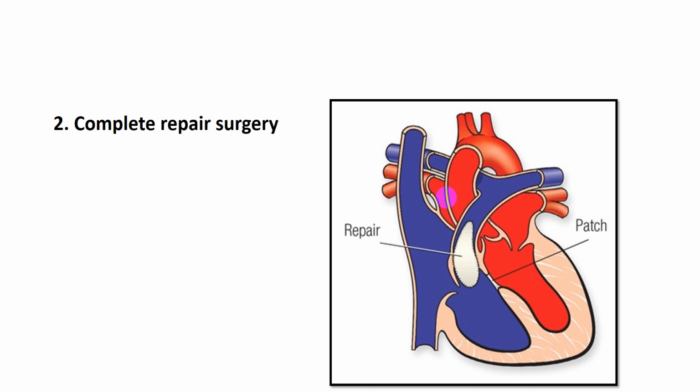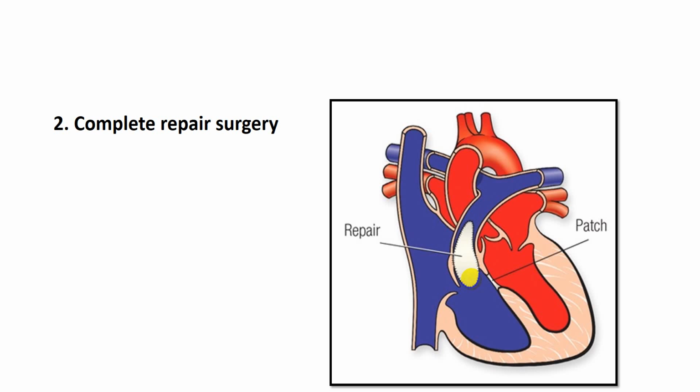Some patients do not require palliation but require primary total repair, especially if the pulmonary arteries are good in size. Complete repair means closure of the VSD with a patch and relieving obstruction in the RVOT by many mechanisms, such as a transannular patch or transatrial or transpulmonary artery repair.